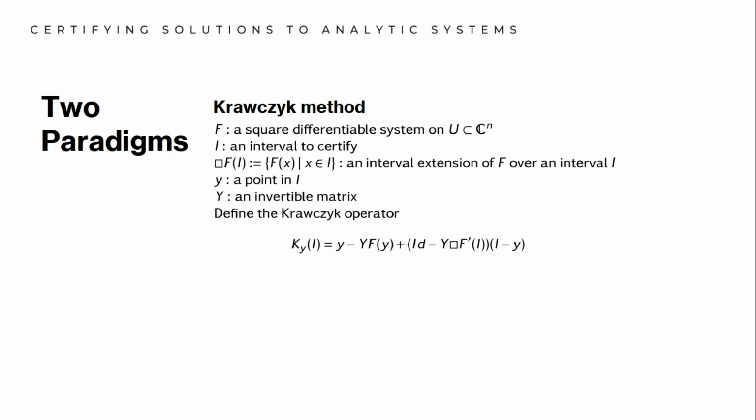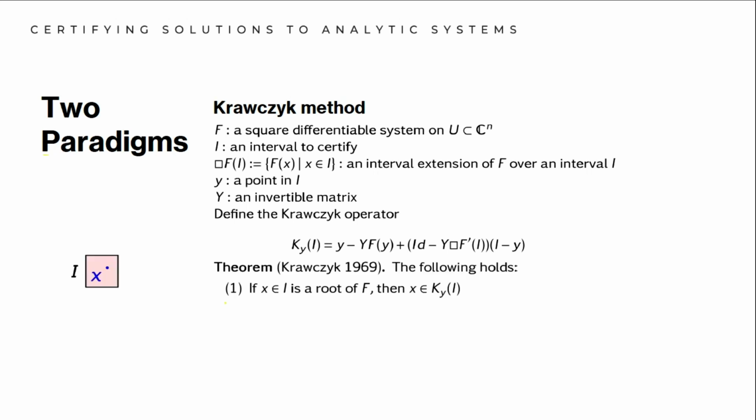Using this Krawczyk operator, we have the theorem suggested by Krawczyk in 1969. The first part: let's say that x inside our capital I is a root of capital F. In that case, x is also contained inside our Krawczyk operator. But the next part is important. If the Krawczyk operator is contained inside the original input I, then there is a root of capital F inside I, which proves the existence of the root.